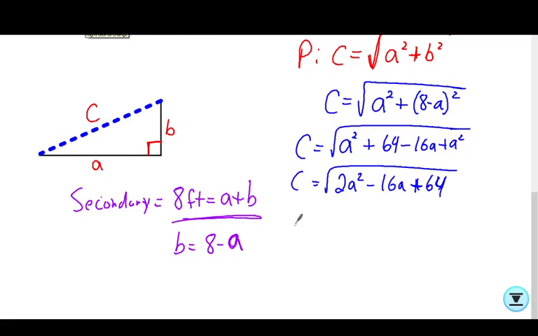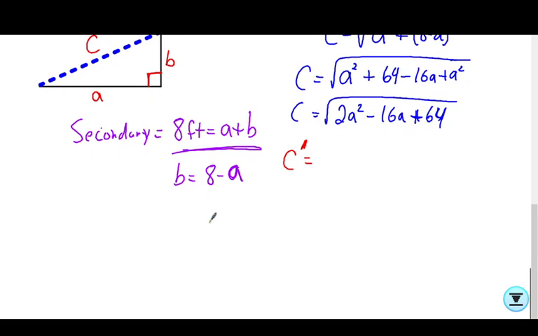So c prime. I'm going to use a formula for the derivative of the square root, and I'm going to write it over here. The derivative of the square root of u, by the chain rule, is du over 2 square root of u.